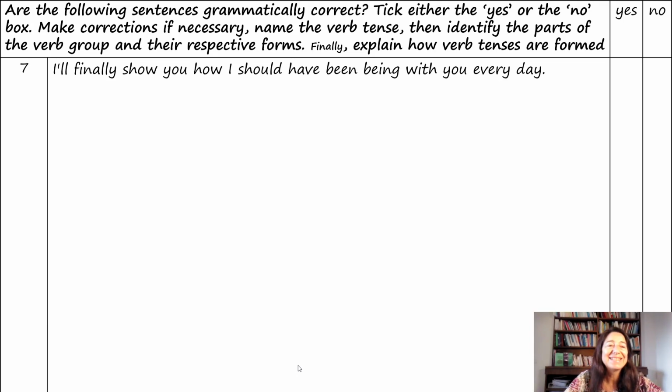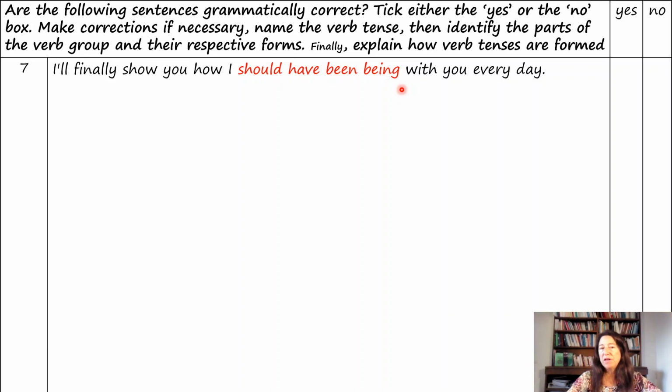the next sentence. I'll finally show you how I should have been being with you every day. So when I read this sentence, the verb phrase here, should have been being, might strike me as sounding a bit weird, a bit strange.